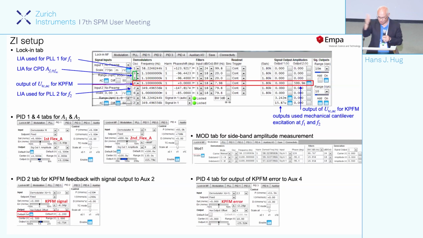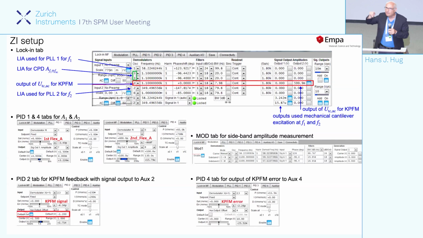So all this is possible thanks to this instrument, the Zurich Instruments, and we can now use the modulation tab with the two sidebands. And I remember for the distance feedback in MFM, we used the second sideband.